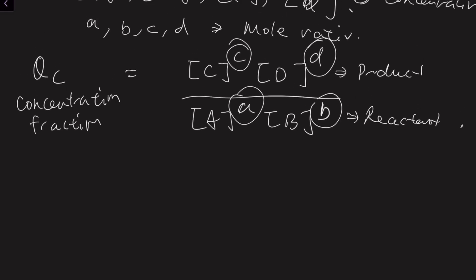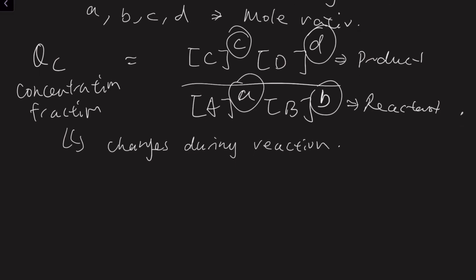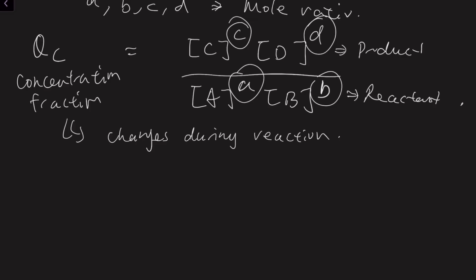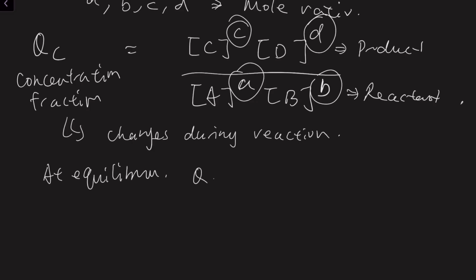And of course, this changes during the chemical reaction. Which makes sense because during chemical reaction, the product and reactant are changing until we reach equilibrium. So we know that at equilibrium, Qc is constant.